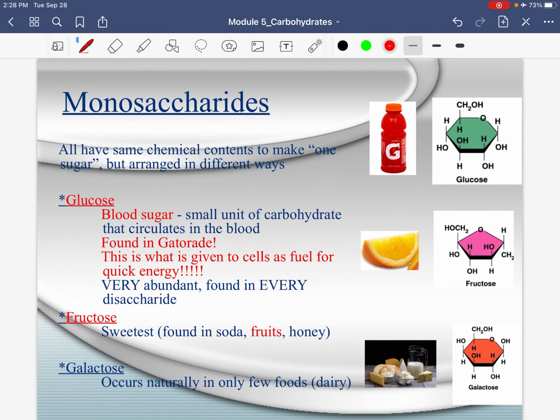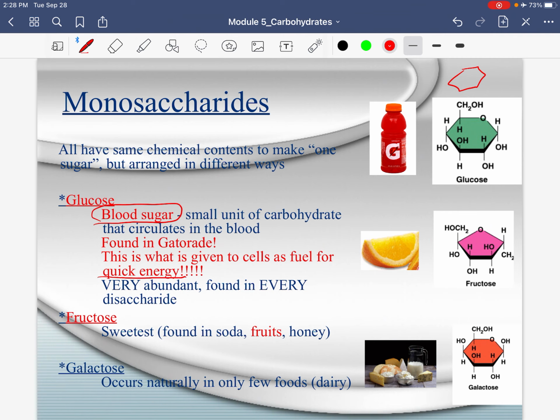So monosaccharide, one sugar. Each one of these examples is just one little hexagon shape. What's important about glucose as a monosaccharide is this is what circulates in our blood. If our muscles need quick sugar, boom, they're going to steal some glucose from the blood. This is a great, quick energy source.